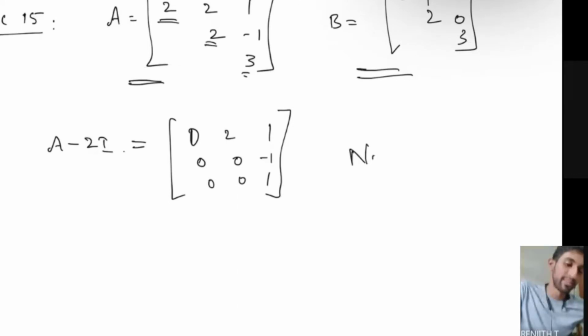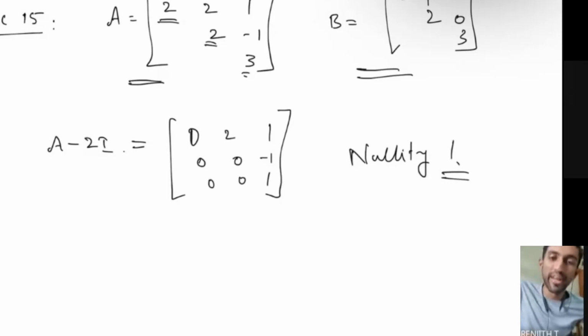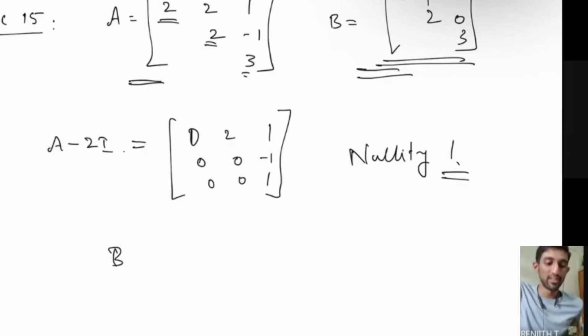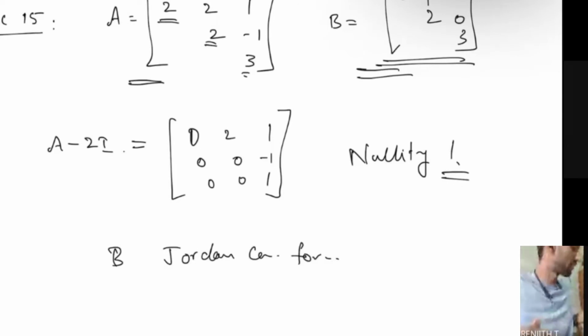Yeah, so nullity is 1, which means it is not diagonalizable, because 2 is occurring 2 times, but the eigenspace has only dimension 1. Okay, then the only form is this one. So B is the Jordan canonical form. Jordan canonical. This is some question.